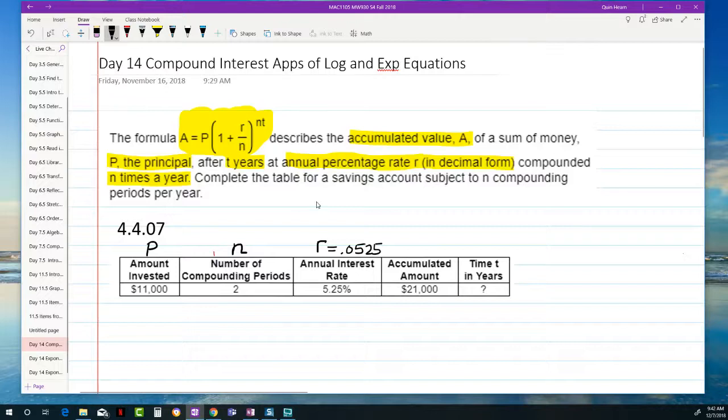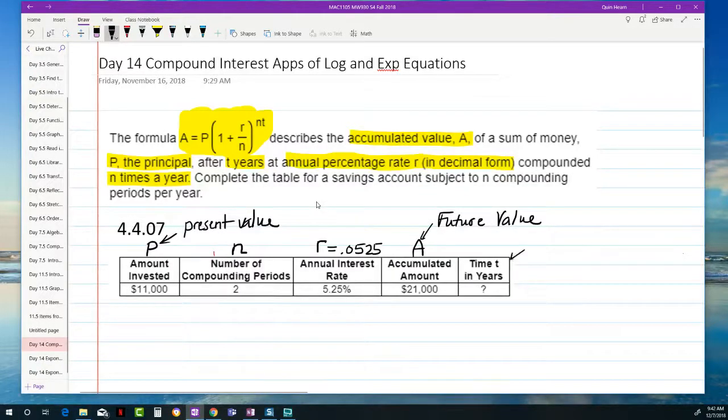And then they're telling us the accumulated amount in the account at the end of the time period of the investment, A. A lot of times in other books they refer to this, by the way, as the future value, and they refer to the principal as the present value. So you'll see that sometimes.